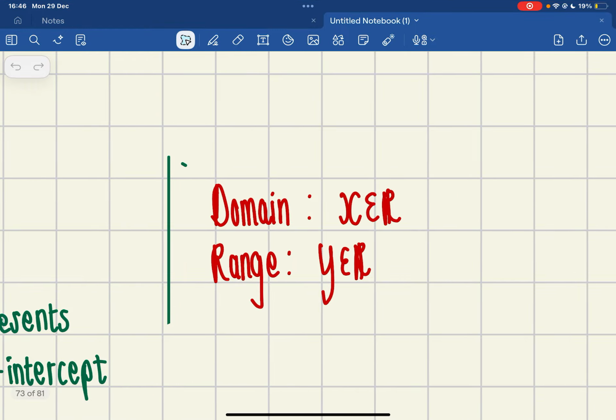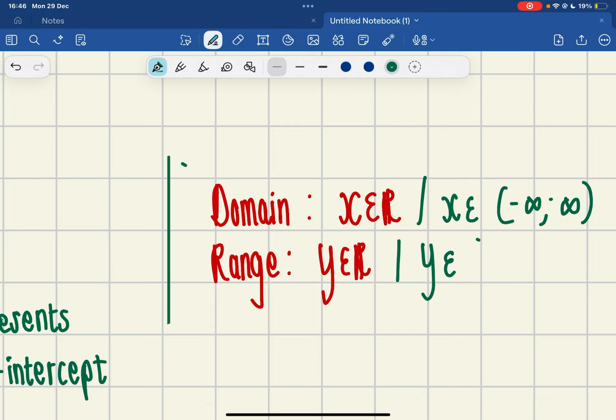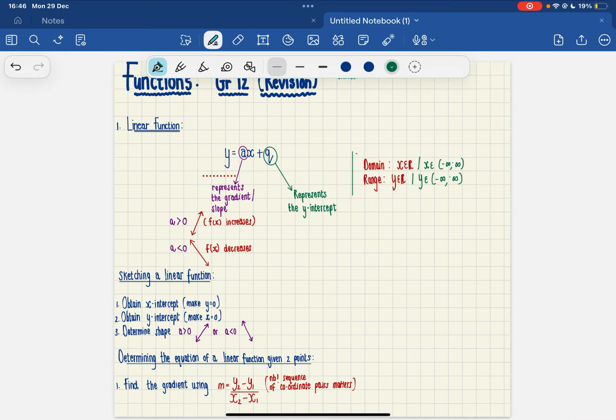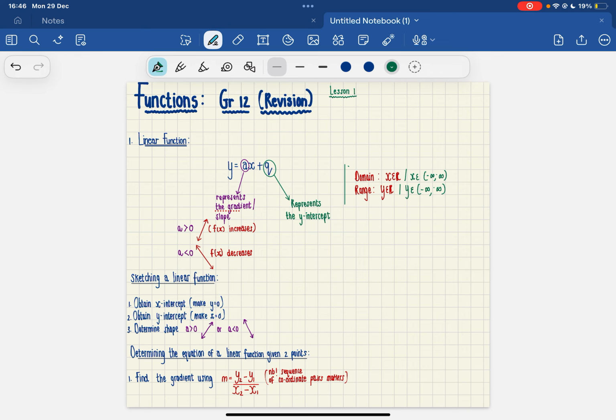The range will always be y is an element of the reals, or you could always state that x is an element of from negative infinity to positive infinity, and for the range, y is an element of from negative infinity to positive infinity.